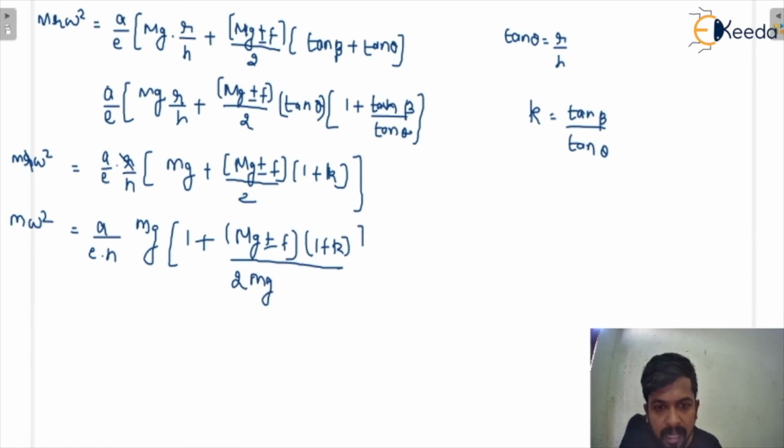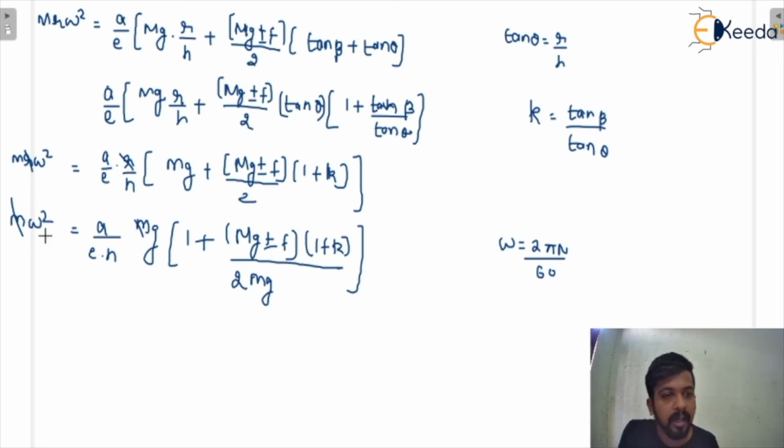Okay, it would be like that. Now the final result is going to become, and m would cancel out, and when you convert it into N square, because we all know that omega is equal to 2 pi N by 60.